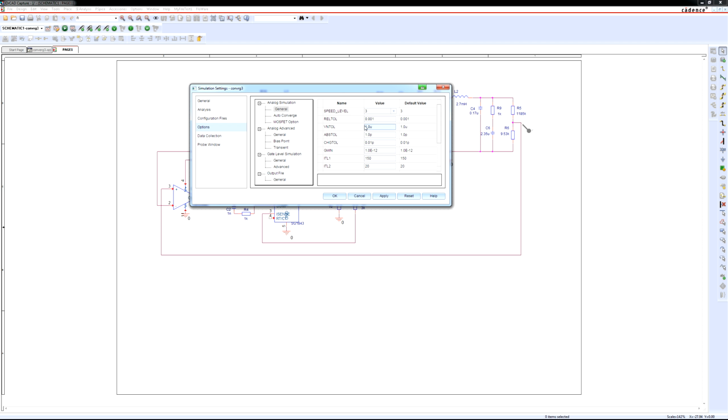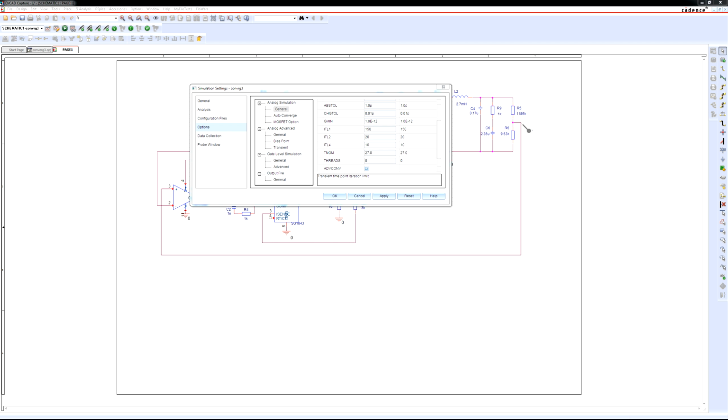The most used or changed parameters are these three for the tolerance, and these three that are related to the iterations that the software is able to do for calculating a solution.